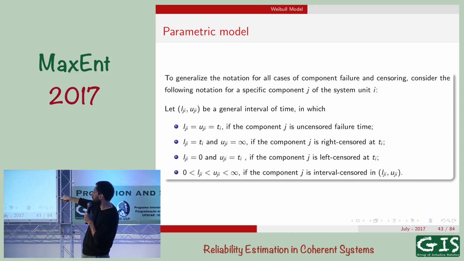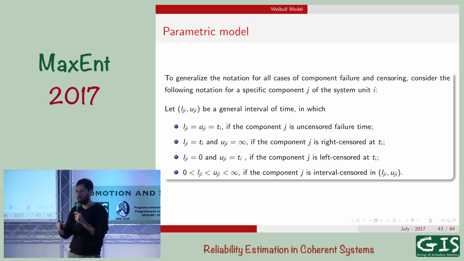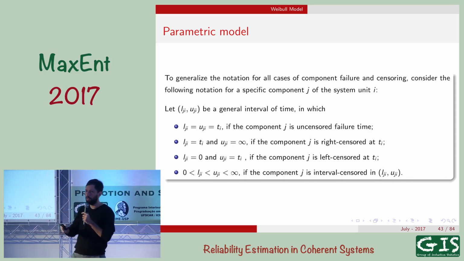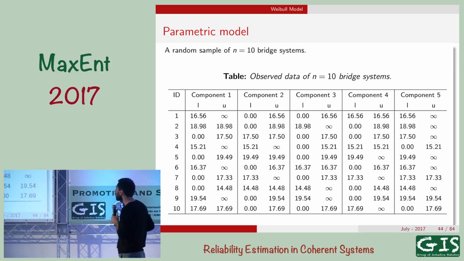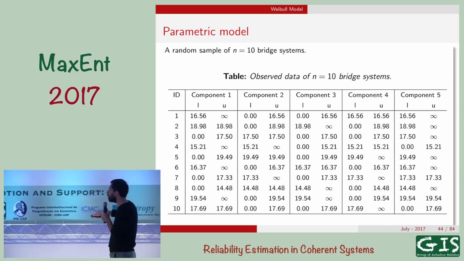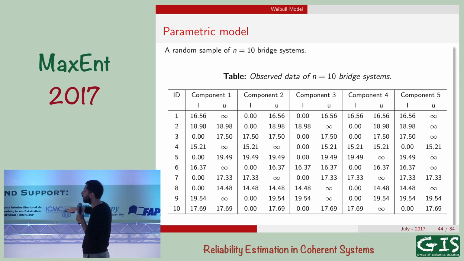If the lower value equals t and the upper value is infinity, this is right censored. If it's 0 and t, left censored. And if it is two different values, they are interval censored. Okay, so this is how we can express this kind of data.